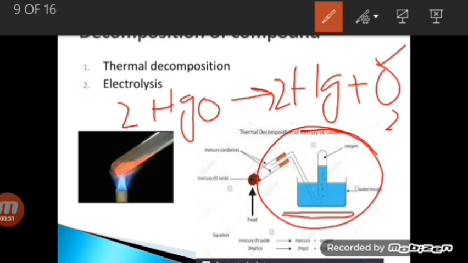So this setup is used here in the decomposition of mercury oxide in order to collect this gas, because oxygen will be collected as a gas, whereas mercury will be collected as a liquid, because it's the only metal which is found as a liquid at room temperature.